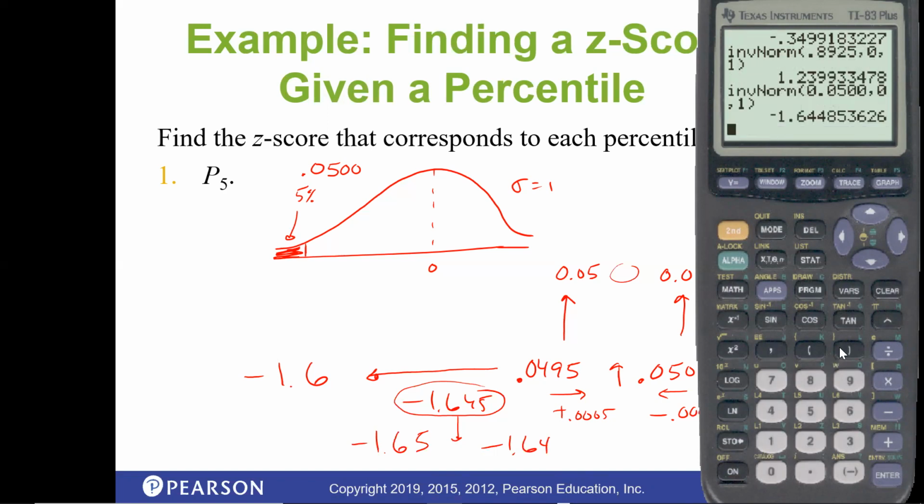It's actually a little bit less, but once you round it off, yeah, negative 1.645. Corresponds to the 5%. That's actually one that's going to occur a lot in our data sets here. The z value of negative 1.645. Okay, there's that. Next.